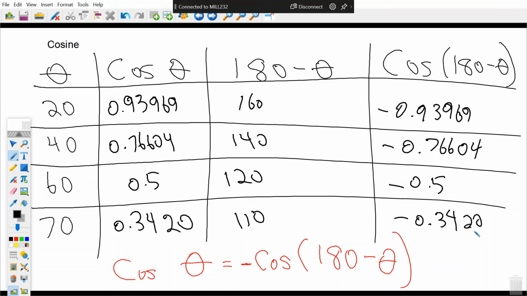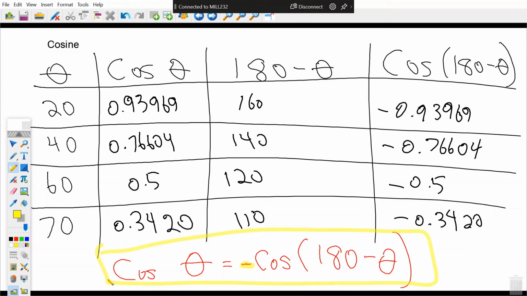Okay, so cos is similar to tan, similar to sine. In sine they were equal, but in cos they are the opposite. Okay, the first one will be positive, and the 180 minus that is going to be negative. Okay.